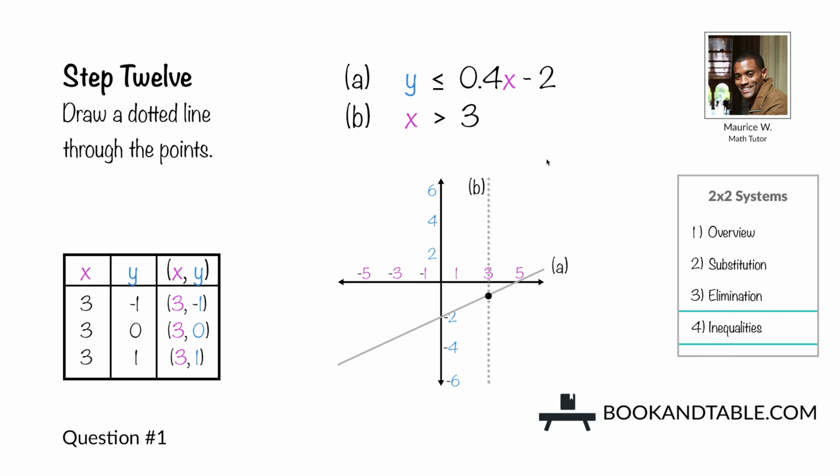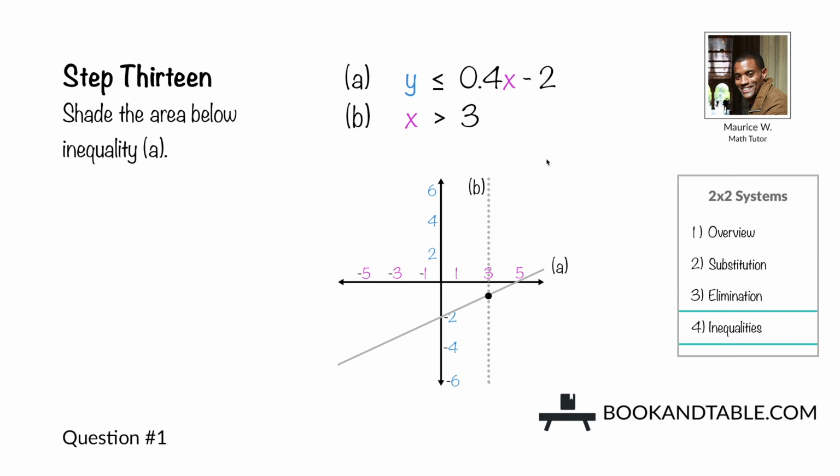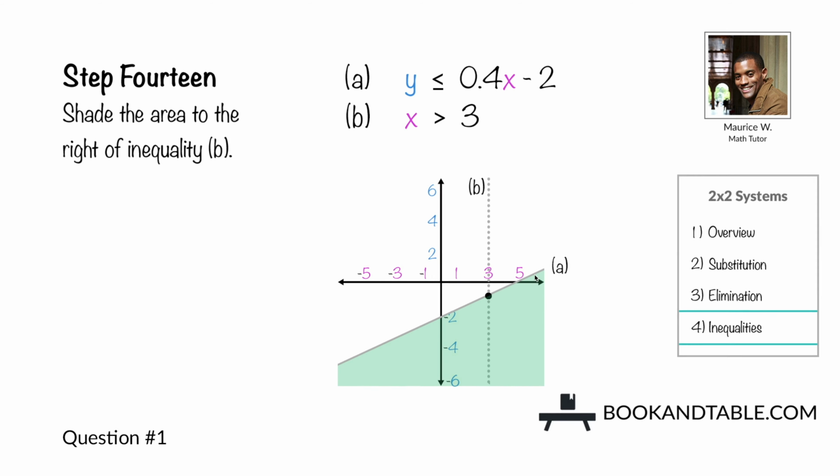So now we just need to shade in our area. So step 13, shade the area below inequality A. It's below since our inequality sign is less than. So we shade in the area below the line for A. And now step 14, shade the area to the right of inequality B. It's a straight line up and down, and it's greater than.